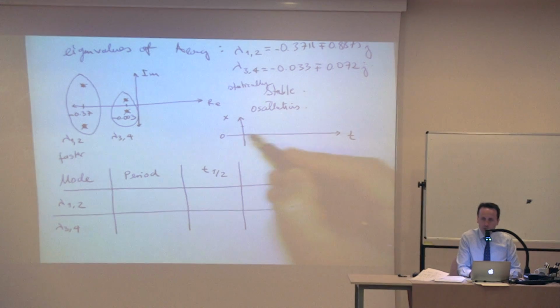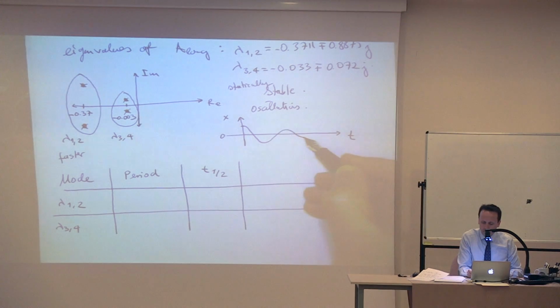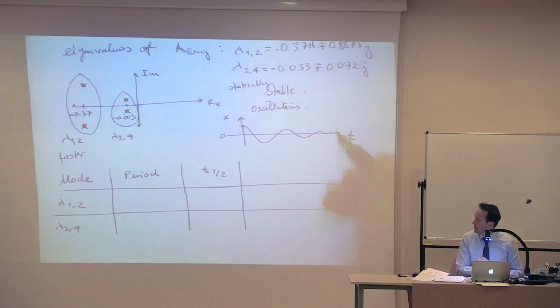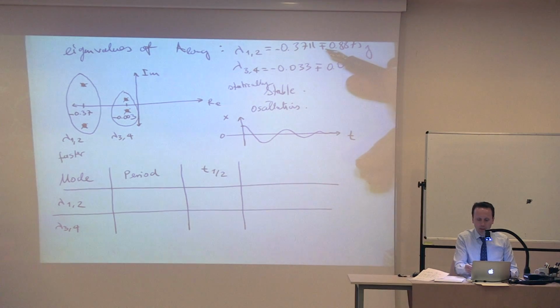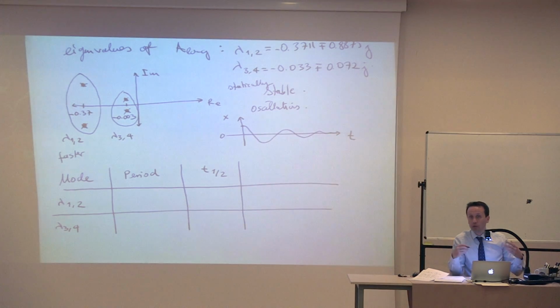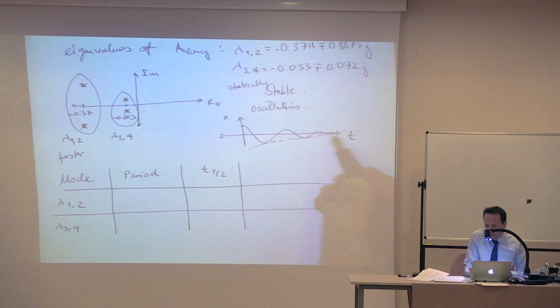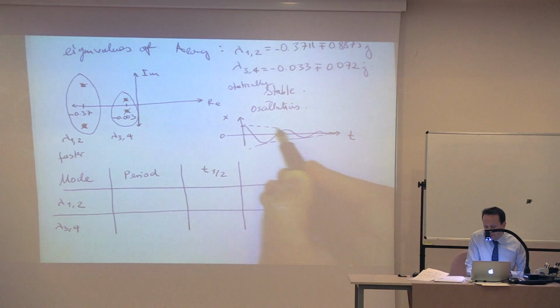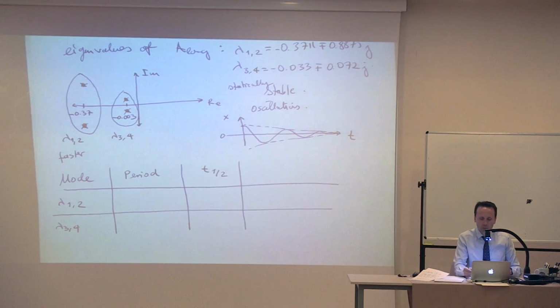So how do you converge to zero while oscillating? You do something like that. You oscillate, and then finally you go back to zero, right? This is the behavior this means. It is going back to zero, but it is doing that by oscillating. So if you look at the oscillation, the envelope of the oscillation goes slowly back to zero. So this is what this means.